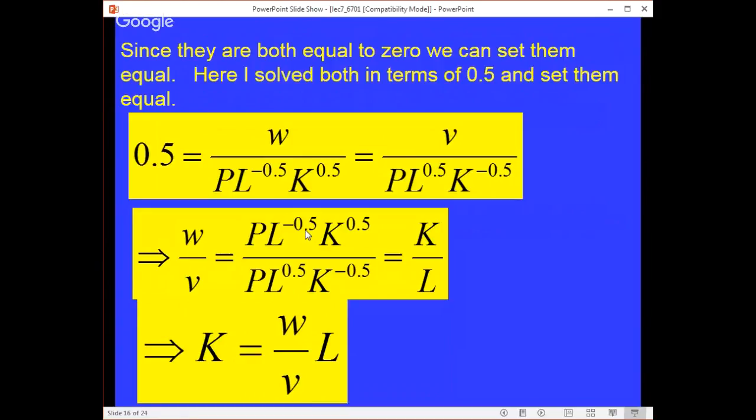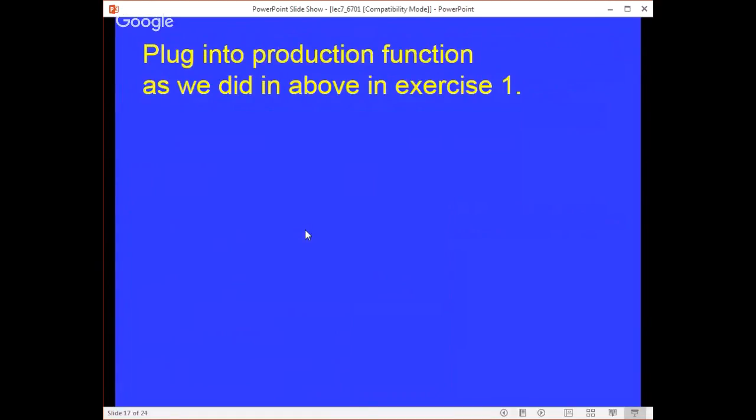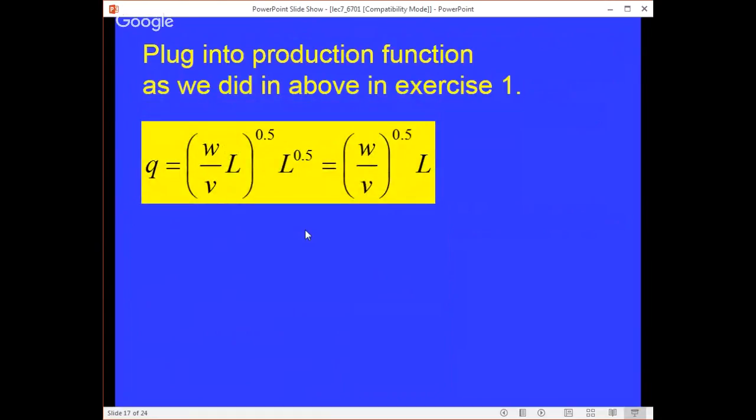Now I want to plug that in, and I can plug it into a bunch of different places. But what I did in the Lagrangian is I plugged it into our constraint, which was essentially our production function. So I plug it into my production function, and I get Q is equal to W over V to the 0.5 times L.